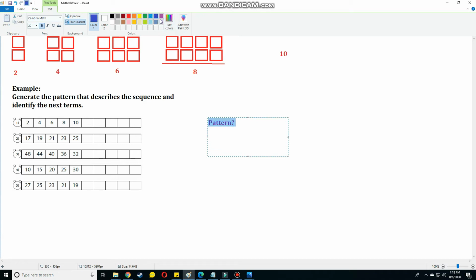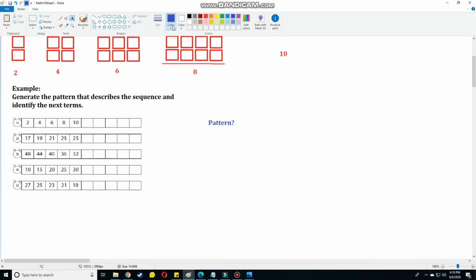Basically, for us to generate the pattern, we must do the observation. We must observe one by one each and every term so that we would know what the pattern is. First, the one that we would do is observe. Let's go with number 1. Let's observe every term in the sequence, so that we could generate the pattern and then identify the next terms.